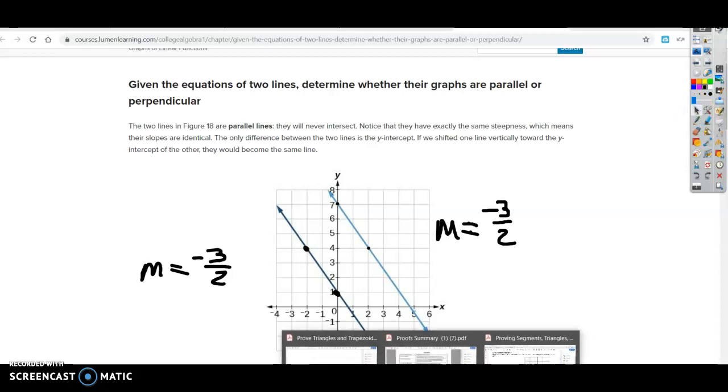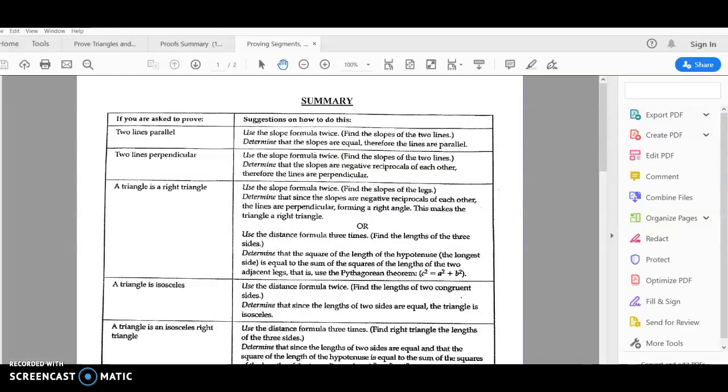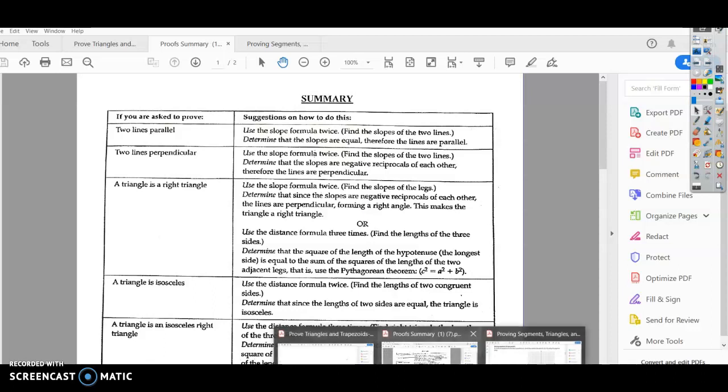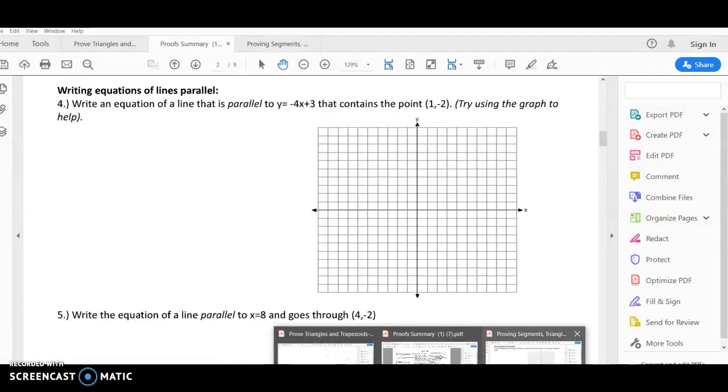Now what does it mean to be perpendicular? Two lines are perpendicular if the slopes are negative reciprocals. So you would just look to see if the slopes are negative reciprocals. Let's go back to our picture here.